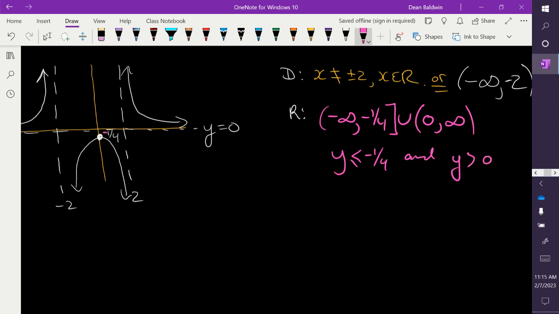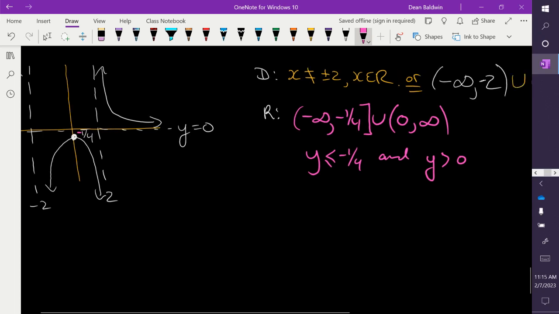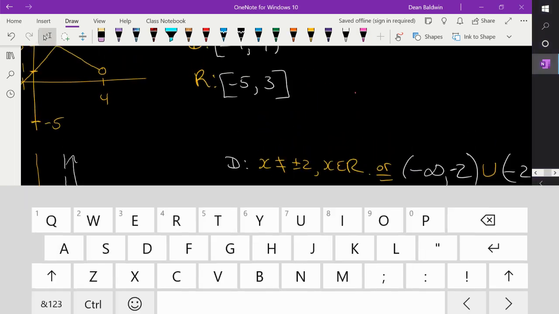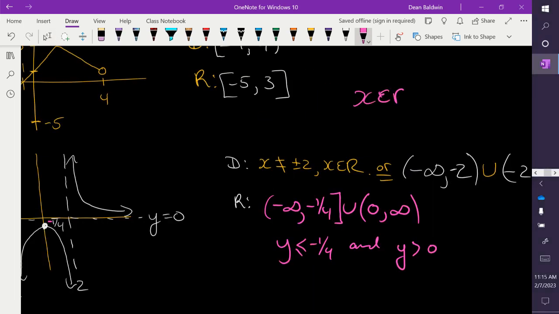It can be any number other than that. Right? But if you're doing interval notation, you don't need to do that. Because if you just had a domain that was x in the reals, that's the same as just saying negative infinity to positive infinity. So that covers you. Okay?